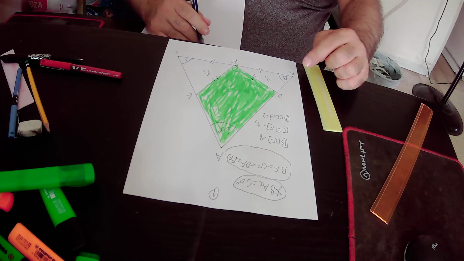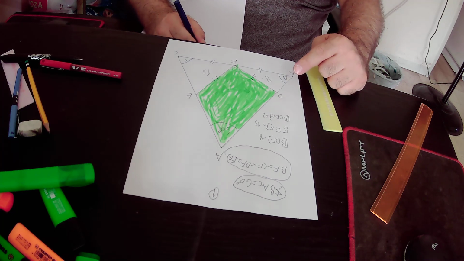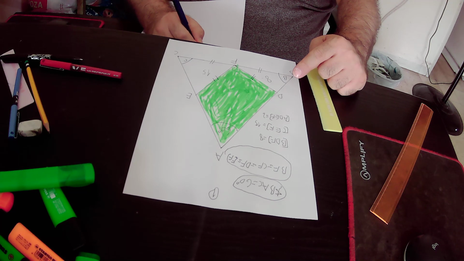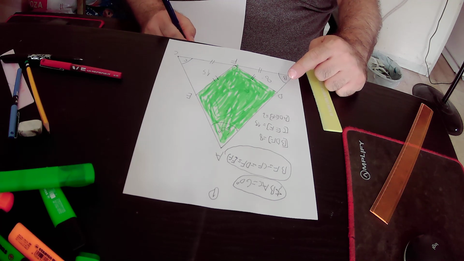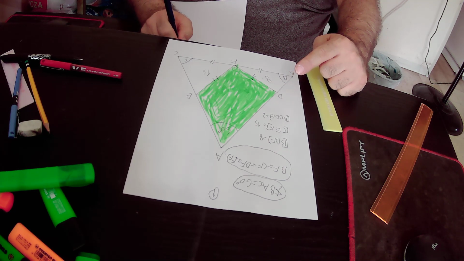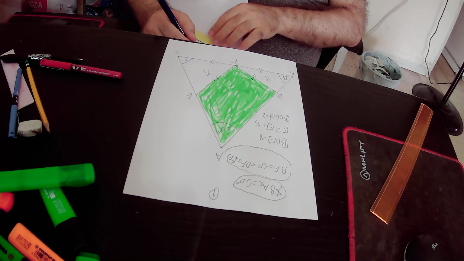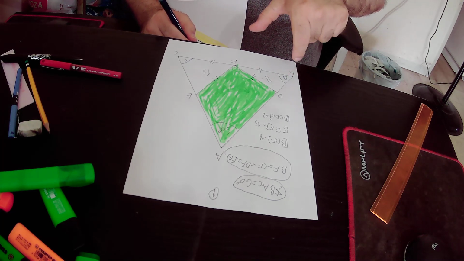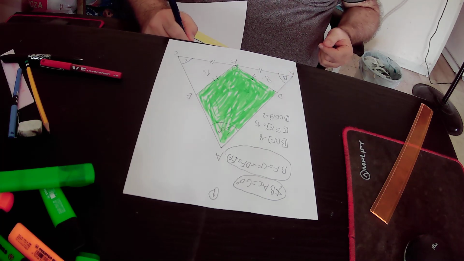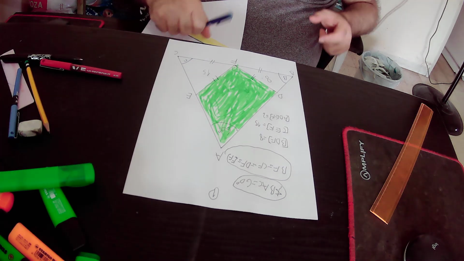In triangle BDF, we know that DF equals BF.